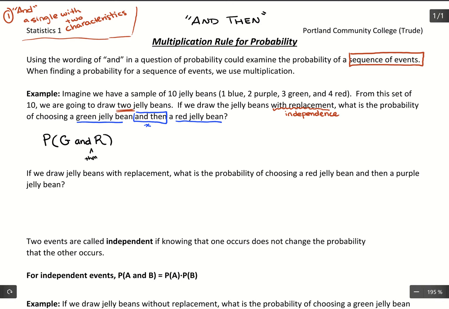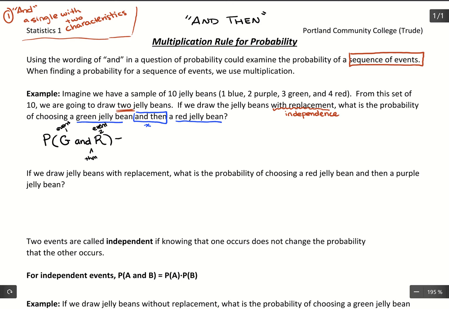So that is in there, that this is a sequence of events, and we want to look at green and red. You could also think that this is describing a sequence: this is what will happen for event 1, and this is what will happen for event 2. So the notation itself can look kind of confusing, but again, it's a sequence of events.